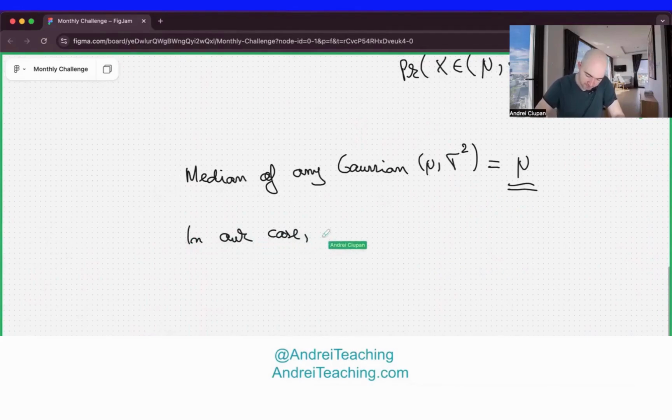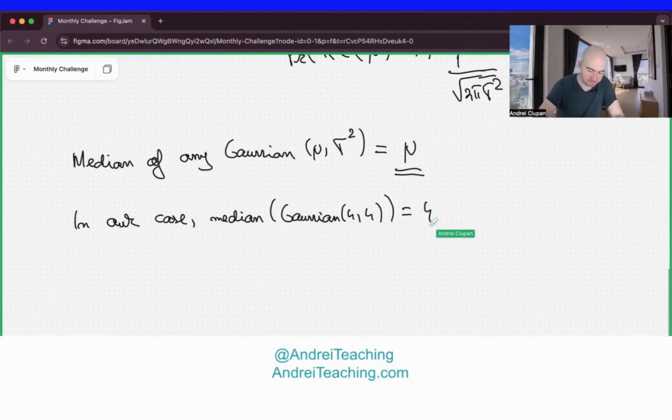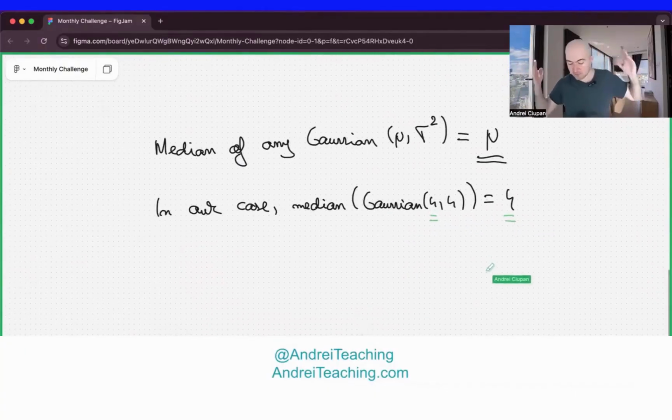In our case, the median of a Gaussian with mean 4 and variance 4 is just 4. It's this value over here. So we have the median of the first random variable. It's just equal to the mean. It's equal to 4. And actually, we see that this variance had no role to play in the median.